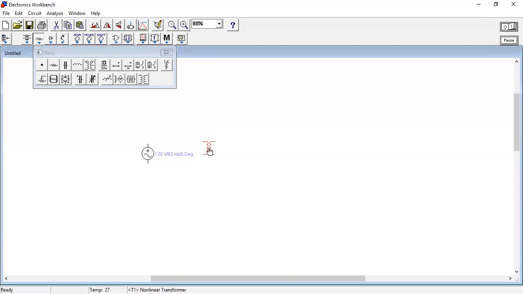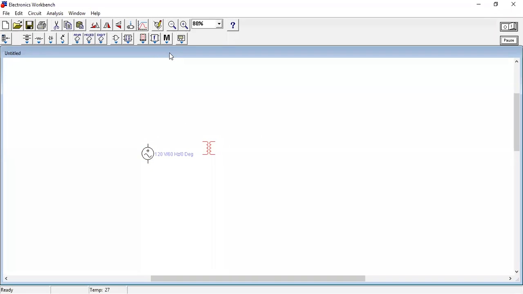Then we want a diode, so we can take a diode and connect the transformer to the diode. Double click and connect these two terminals.